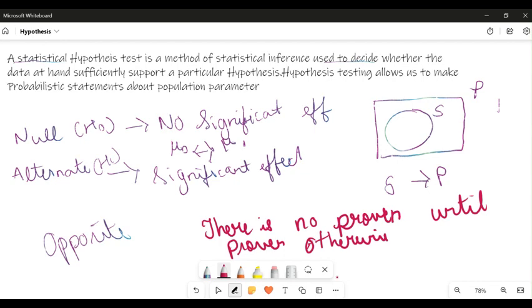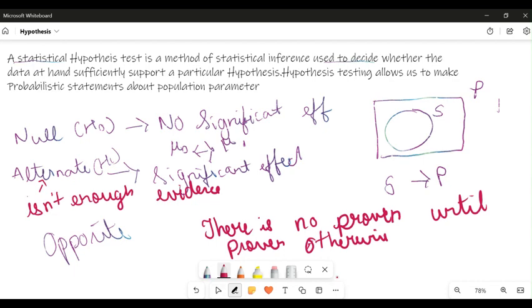Whenever we are doing null and alternate hypothesis questions, which we will discuss in upcoming videos, if hypothesis testing gives us the null hypothesis, we can't directly write that the null hypothesis is true. We say that there isn't enough evidence to support the alternate hypothesis.